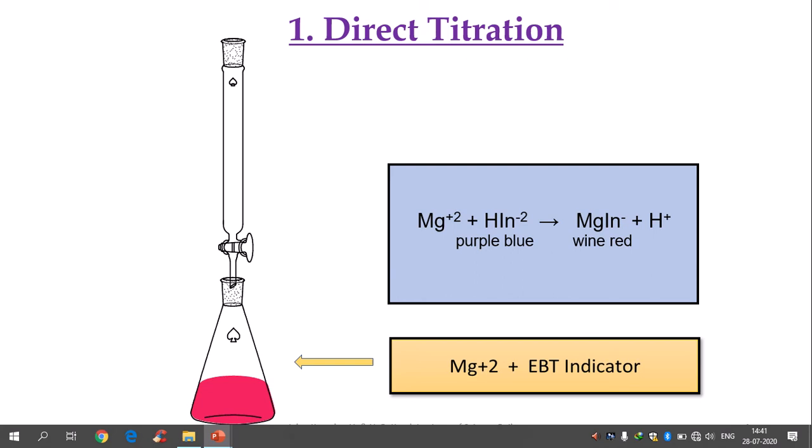The indicator itself is blue in color in its HIn2- form, and with magnesium, the magnesium-EBT complex is of a wine red color. So initially we get the color of the solution because of the magnesium-indicator complex. Here we have the magnesium-EBT complex which is wine red in color.